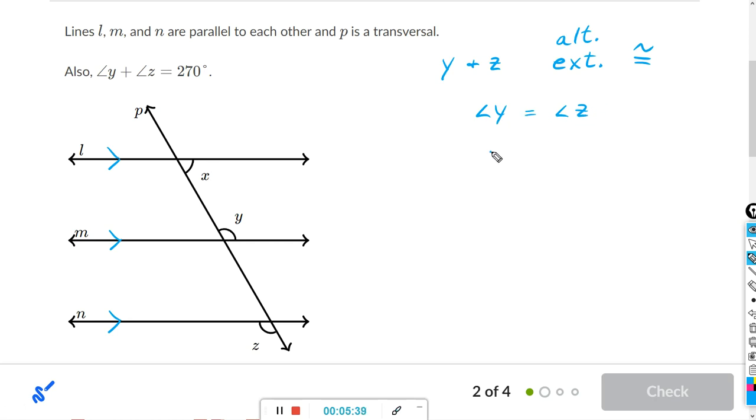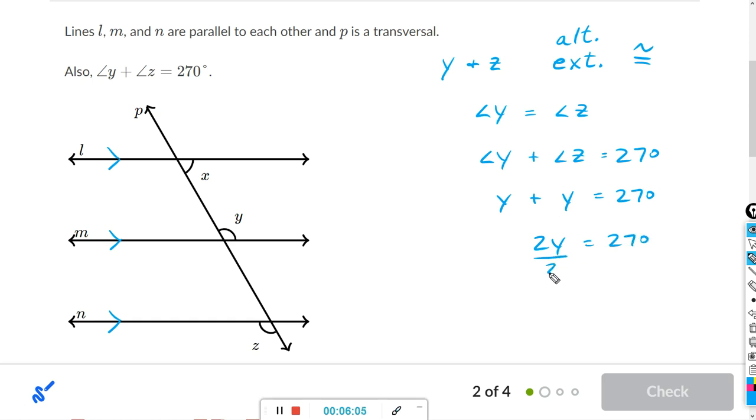So if we say angle y plus angle z equals 270, we can say that y plus y equals 270. And y plus y is 2y.